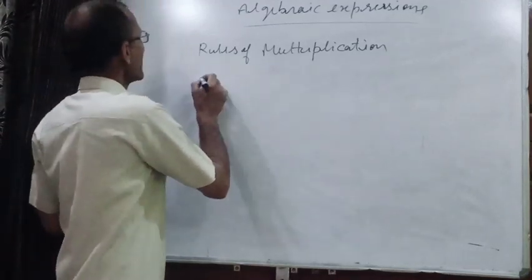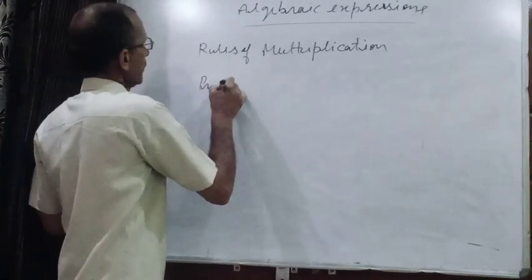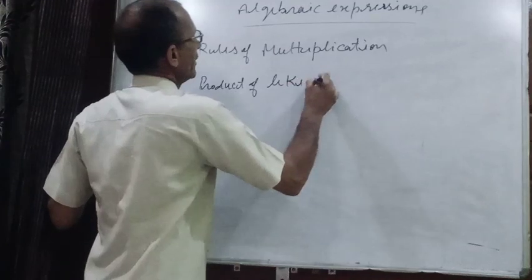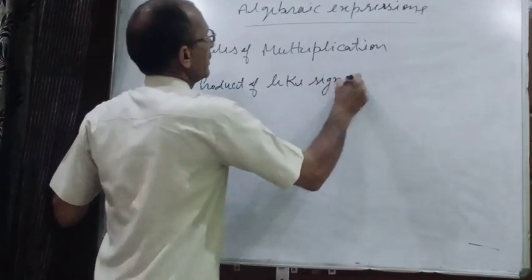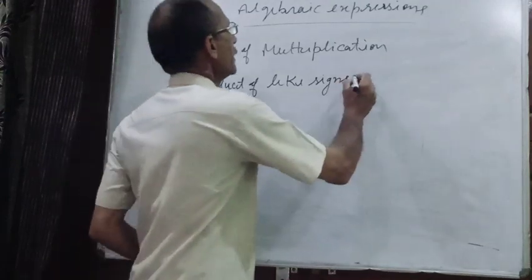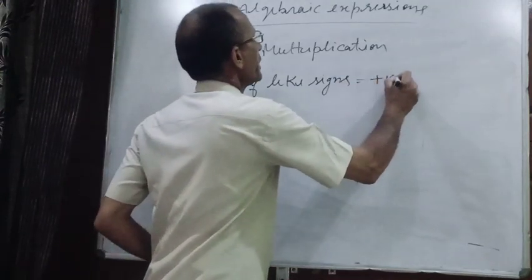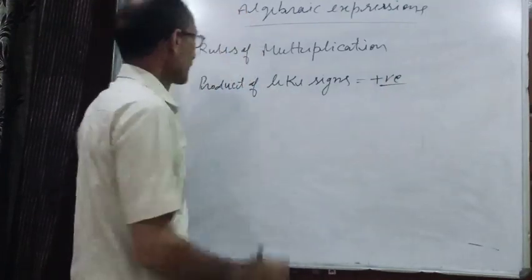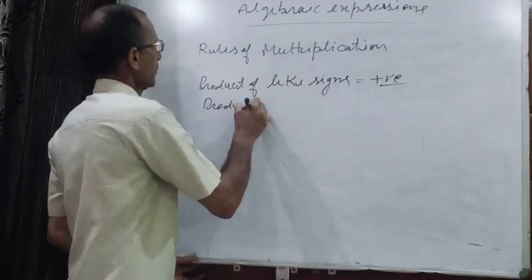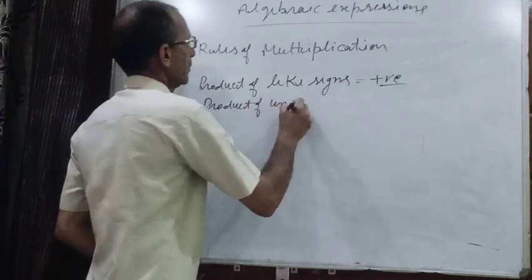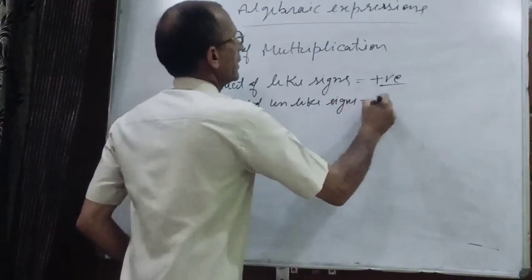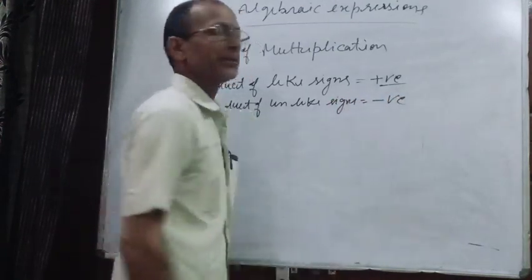Product of like signs. It means same signs. Product of like signs is equal to positive. And product of unlike signs, it means negative.